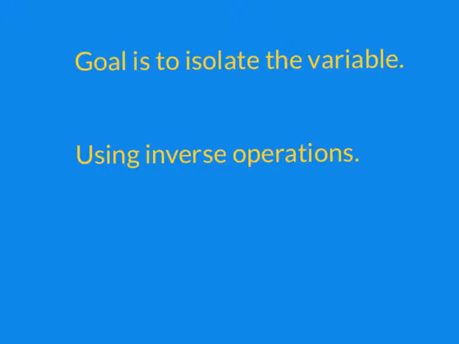In other words, to get the variable all by itself on one or the other side of the equal sign. And the way that we do that is we use inverse operations. The inverse operation of addition is going to be subtraction, and the inverse operation of multiplication is going to be division, and vice versa.